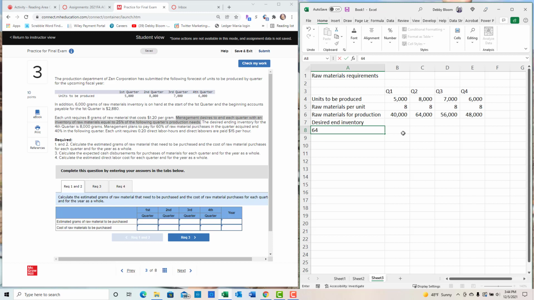So that would be 64,000 multiplied by 25%. The ending inventory for quarter 2 would be 25% of quarter 3's production requirements. So I would take 56,000 and multiply that by 25%.